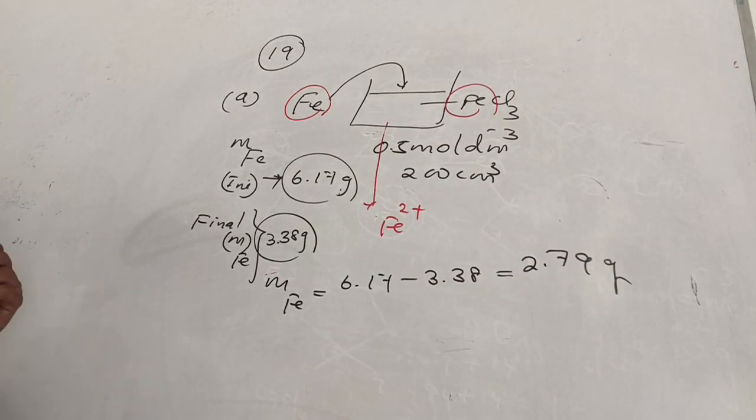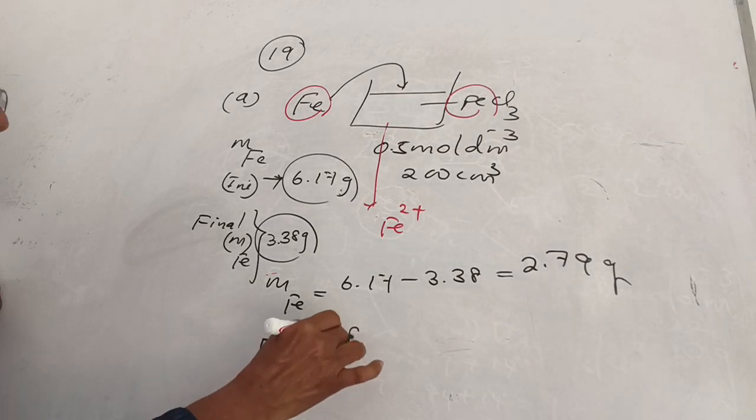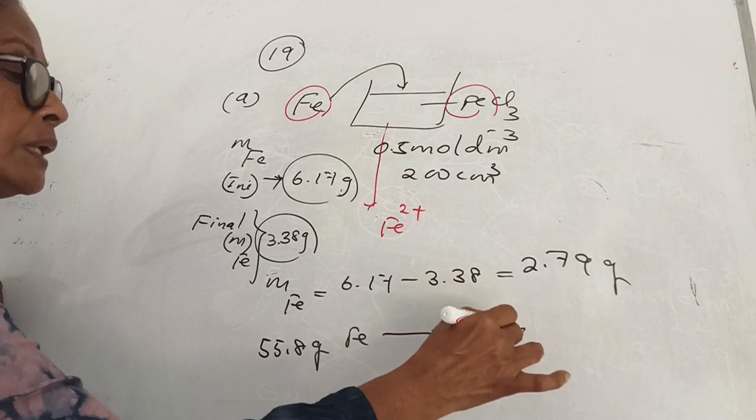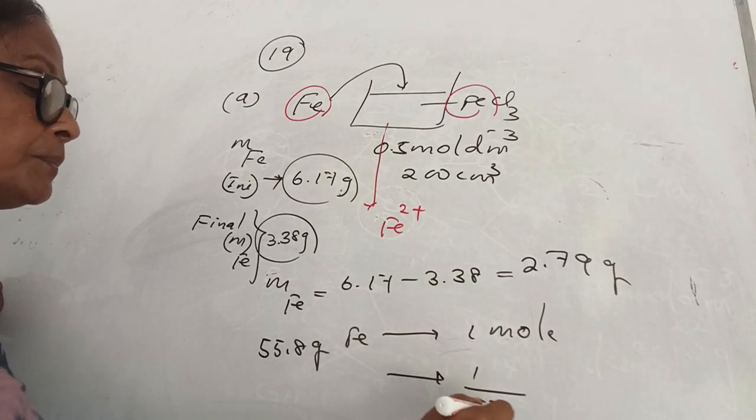We know that 55.8 grams of iron equals 1 mole, so 1 gram is 1 divided by 55.8.